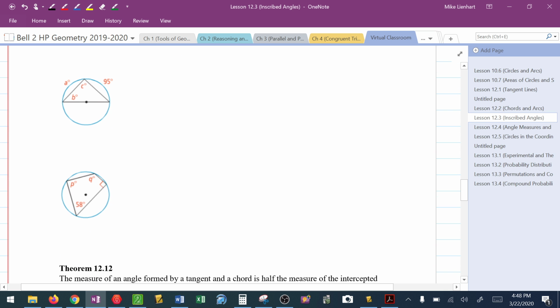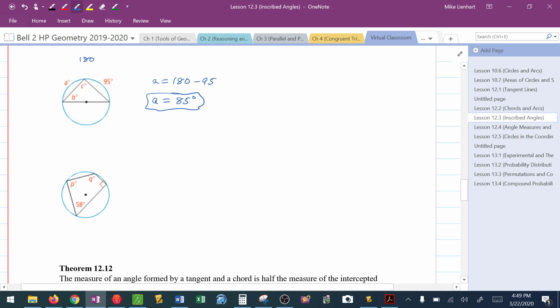All right, let's take a look at this example here. I noticed that line going through the middle there is a diameter, which means that splits the circle into two semicircles. So if I take 180 degrees and I subtract 95 from that, that'll give me arc A, 180 minus 95, or that arc A is 85 degrees.